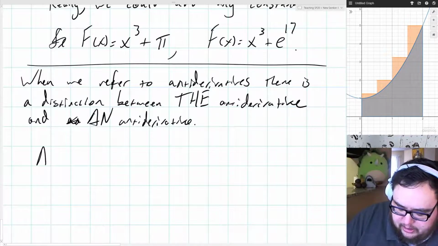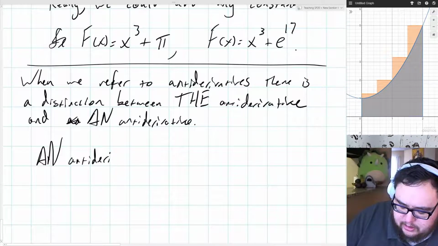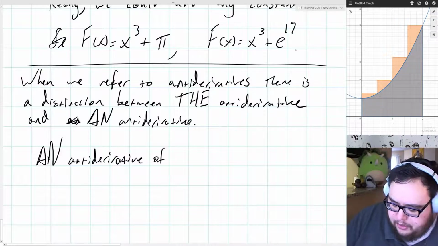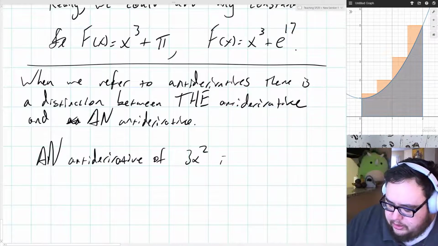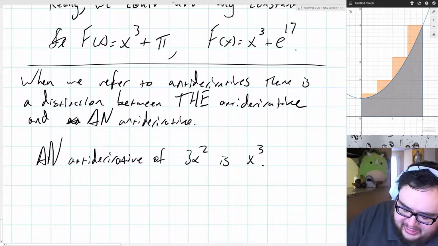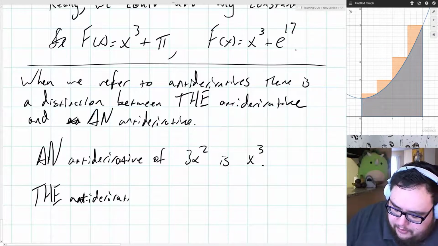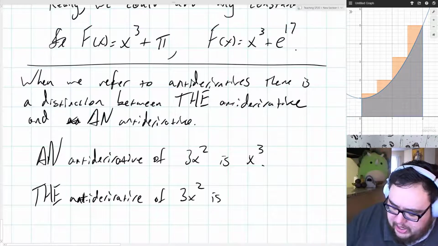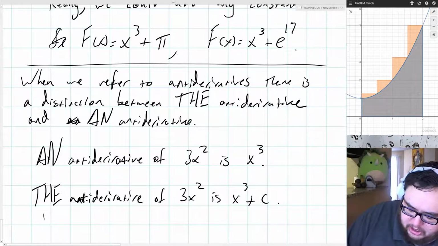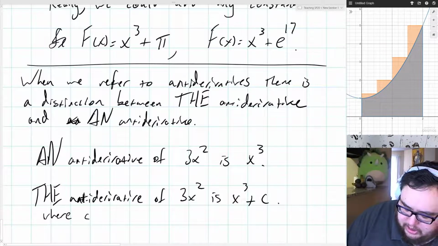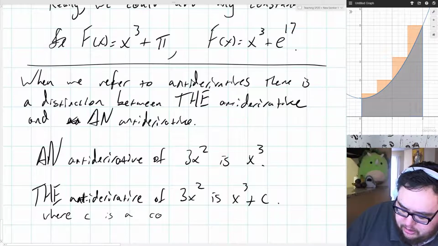So an antiderivative of 3x squared is x cubed. The antiderivative of 3x squared is x cubed plus some constant. So x cubed plus c, where c is a constant.